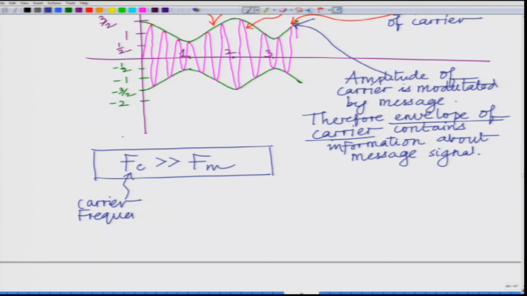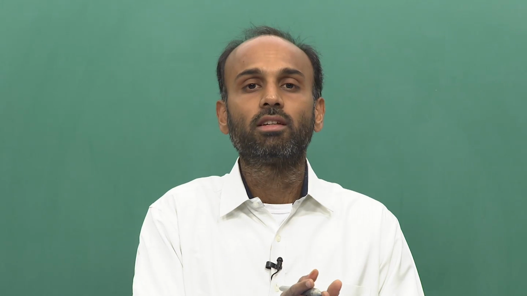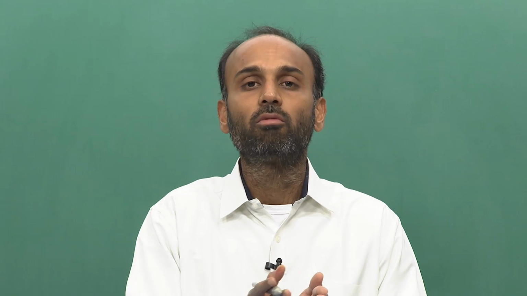Of course, we are considering a pure sinusoid. So, fm is the message frequency, otherwise you can also think of fm as the maximum frequency component in the message, that is, the message is band limited between minus fm to fm.